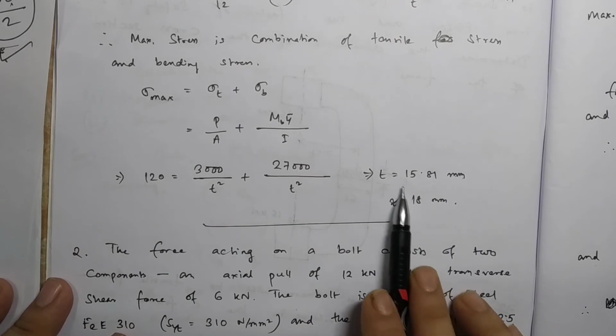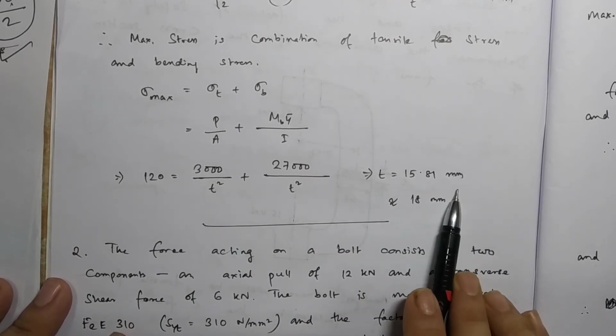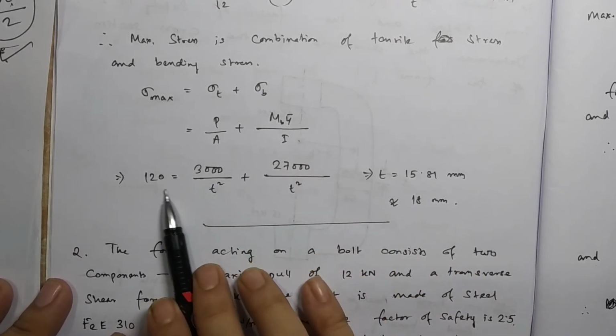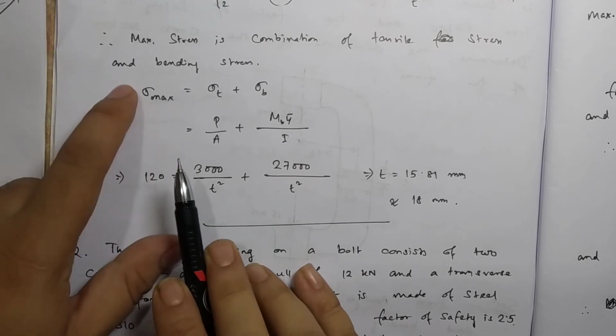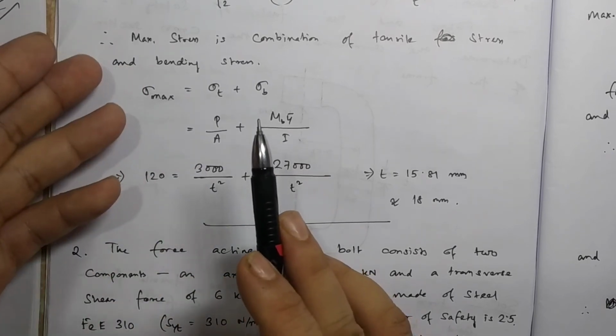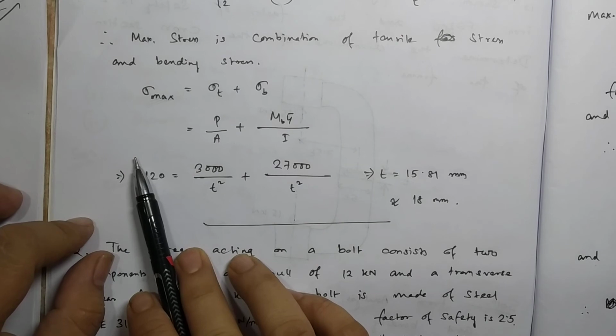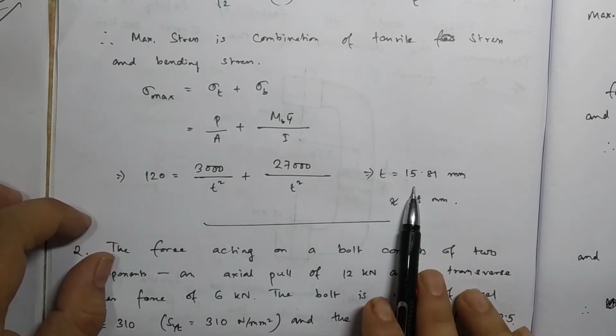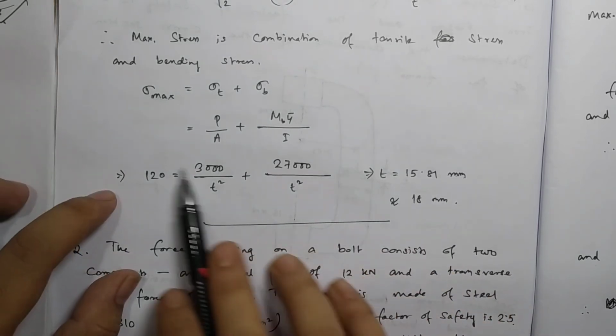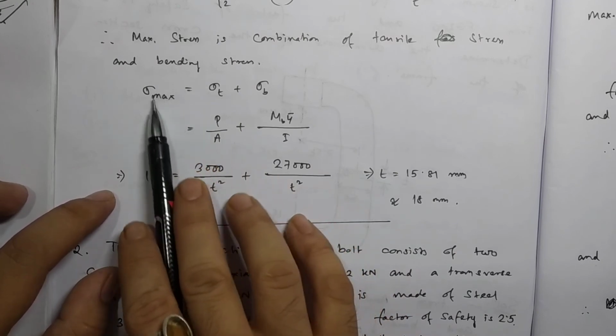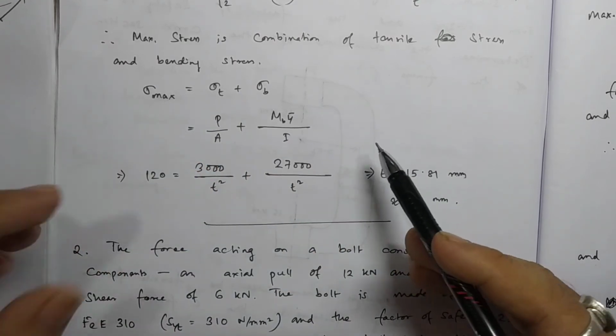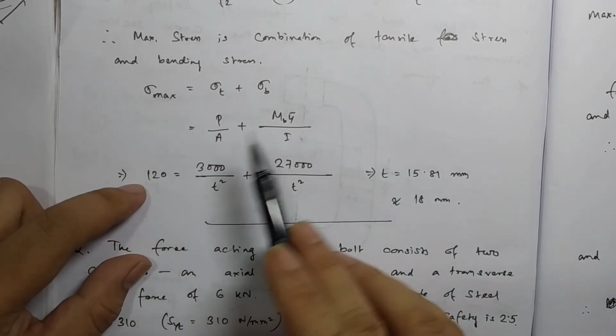That means a thickness t of this much will give you a permissible value of 120, which is much below the breaking value, the SUT value. SUT is 300. So when you employ t equal to 15.81, you will obtain a stress of 120 only, which is lesser than 300.